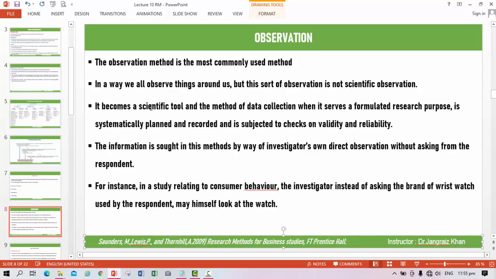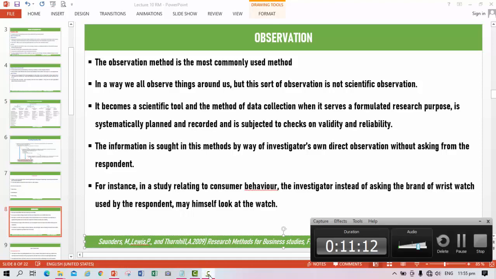It becomes the scientific tool or scientific method. The information is sought in this method by way of the investigator's own direct observation without asking the respondent. For instance, in a study relating to consumer behavior, the investigator, instead of asking the brand of wristwatch used by the respondent, may himself look at the watch.